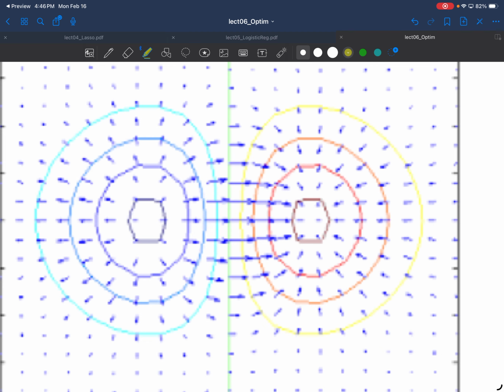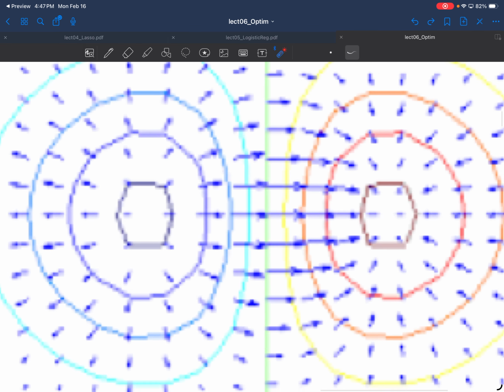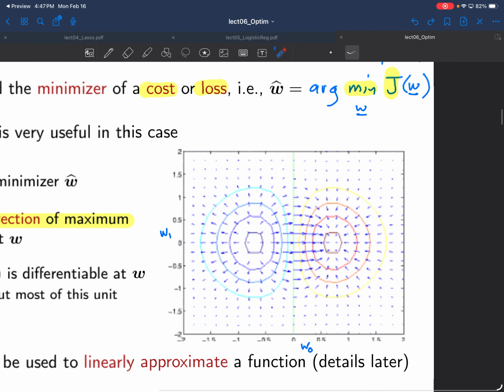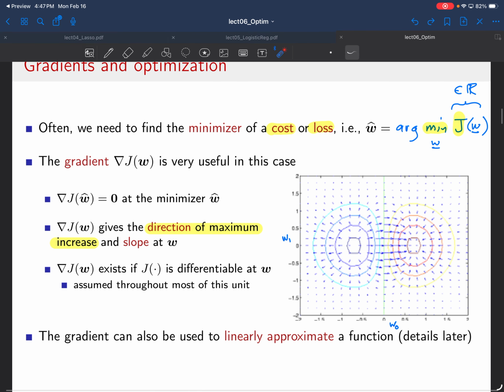So these arrows are always pointing uphill. So this is the top, this is the peak right here. And what about this? What is this? Minimal. Exactly. This is like a trough, a depression. Okay, so that's what the gradient is telling us basically. And something that's important is the gradient may not always exist.